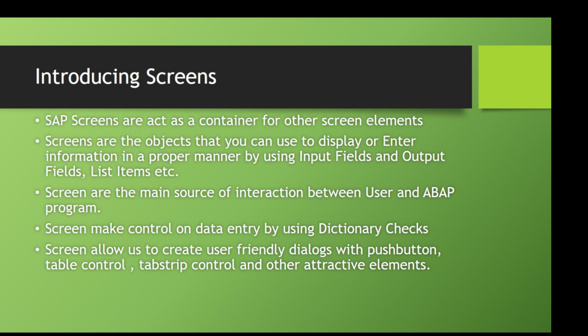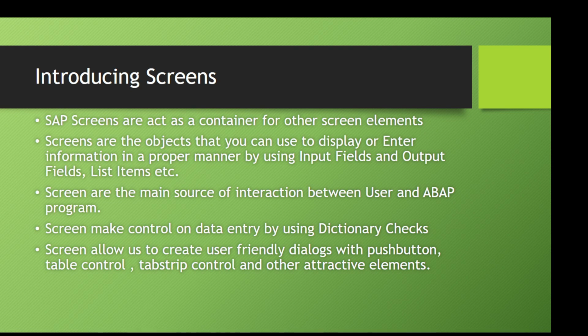It is self-explanatory that via screen a user interacts with the ABAP program, because the user enters his desired query or the information he requires for the business process. So the main source of interaction between user and the ABAP program is the screen.